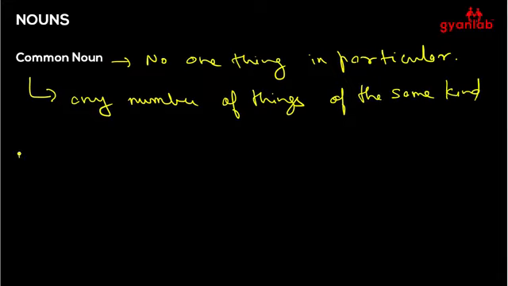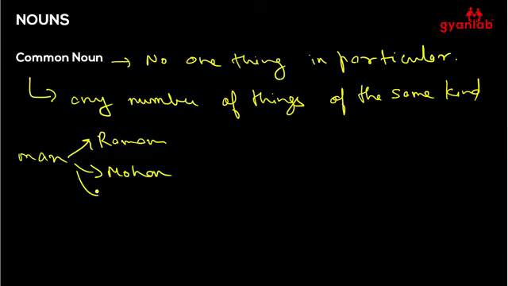Now if we use the word man, Raman can be a man, Mohan can be a man, James can be a man. So this word man, which is used for no one thing in particular but can be used for a number of things of the same kind, is a common noun.